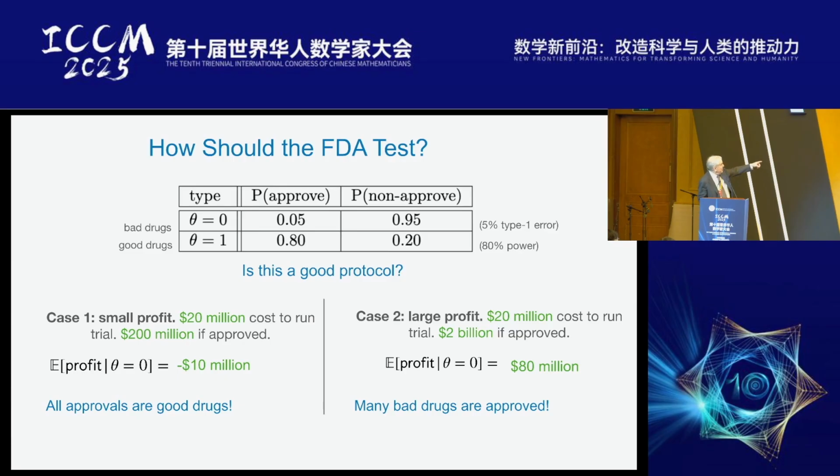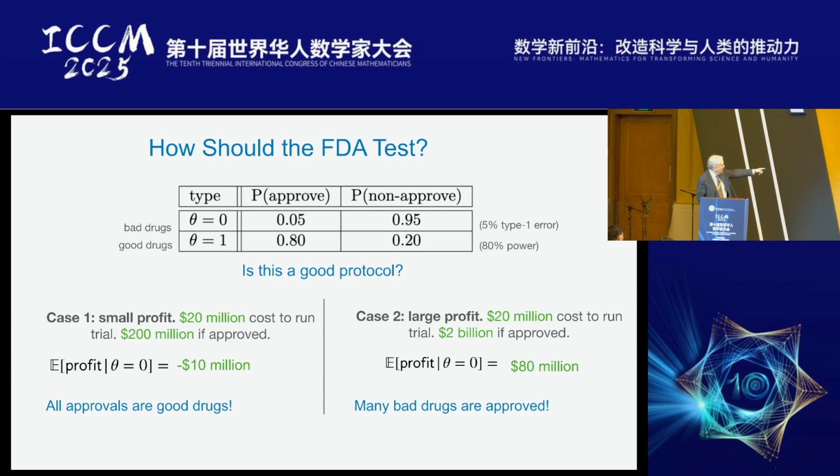So let's imagine a small profit was to be made. Let's suppose it costs $20 million to run a trial. And if you got the drug to go to market, you might make $200 million. Okay? So in that company, you can do a calculation. What's my expected profit if the drug is actually not effective? I don't know that, but it might be. All right?